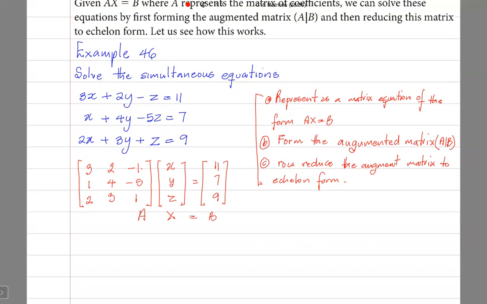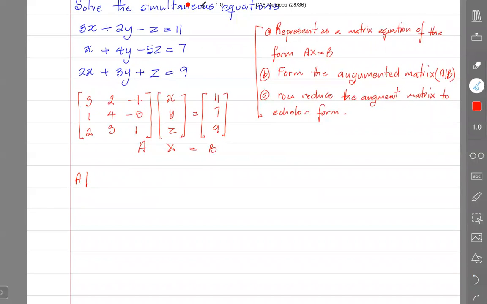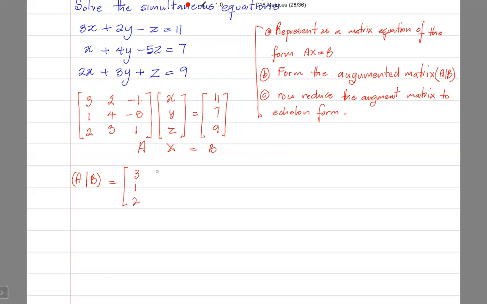So next we're going to form the augmented matrix A vertical slash B. And here we're going to have 3, 1, 2, 2, 4, 3, minus 1, minus 5, 1, vertical slash 11, 7, 9.